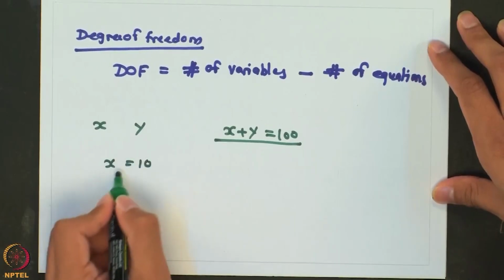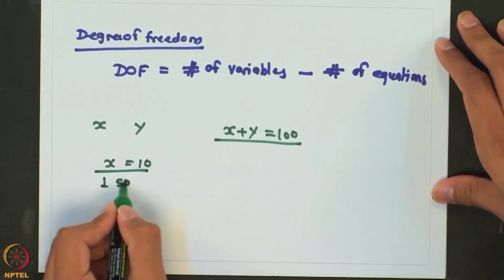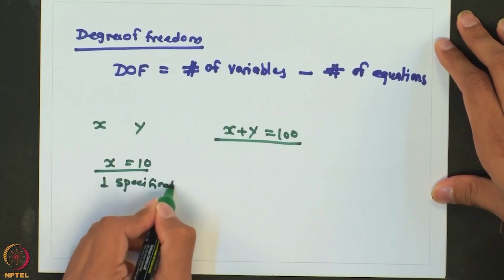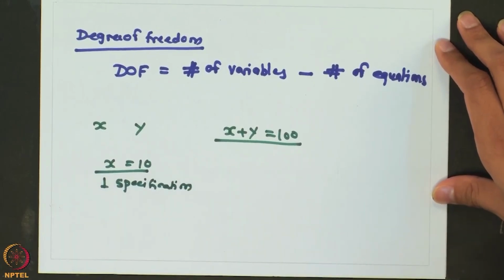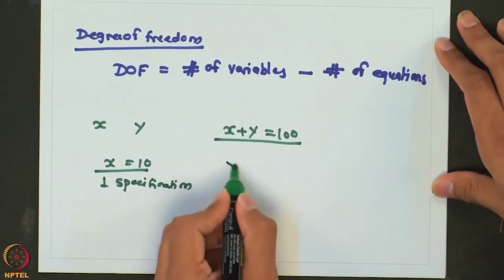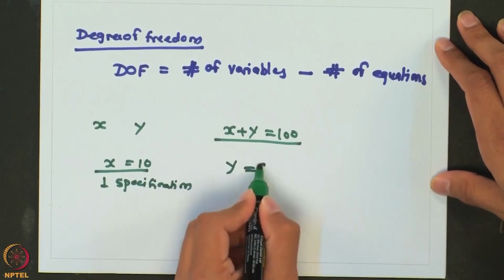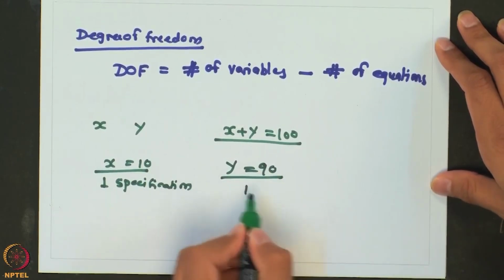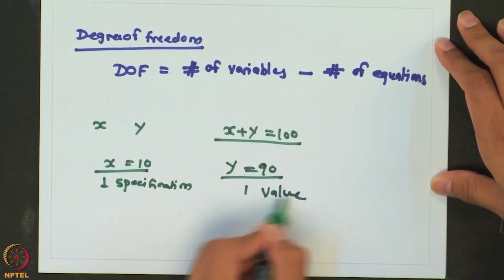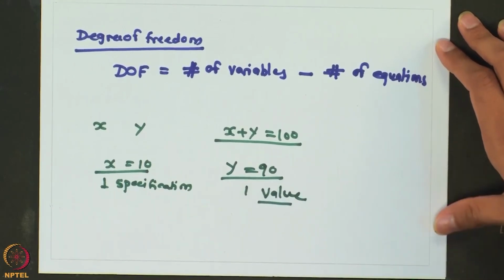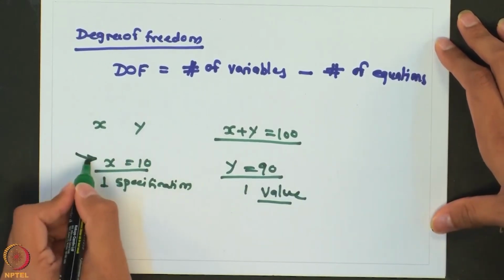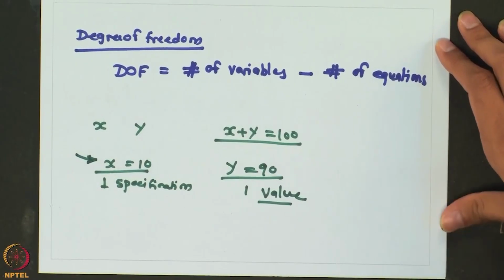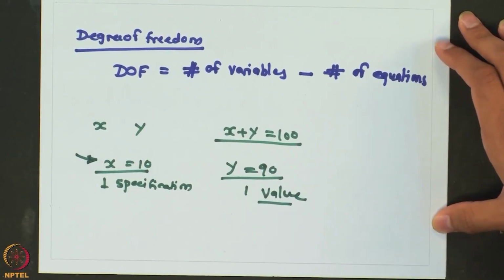But if I say that x is 10, or I make one specification, then automatically the values which y can take, there is only a single value which is 90. So, this particular system has one degree of freedom. So, if I specify one variable, then the system is completely defined.